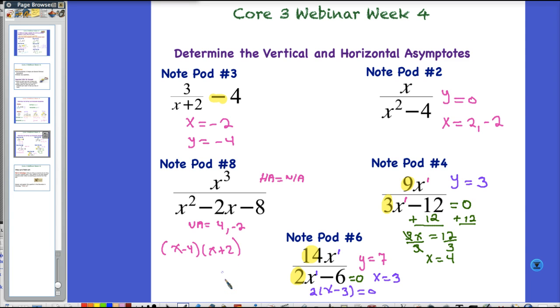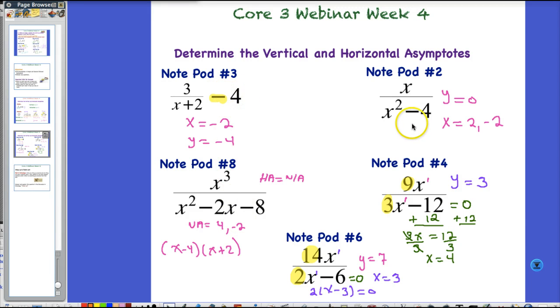The one up here in notepad number 3, that is your simple rational expression. And then you got some practice doing the more complex ones. Just to recap, to find the x equals, which is our vertical asymptote, it's the same whether it's simple or general. To find our horizontal asymptote, if it's simple, it's always the number on the end.